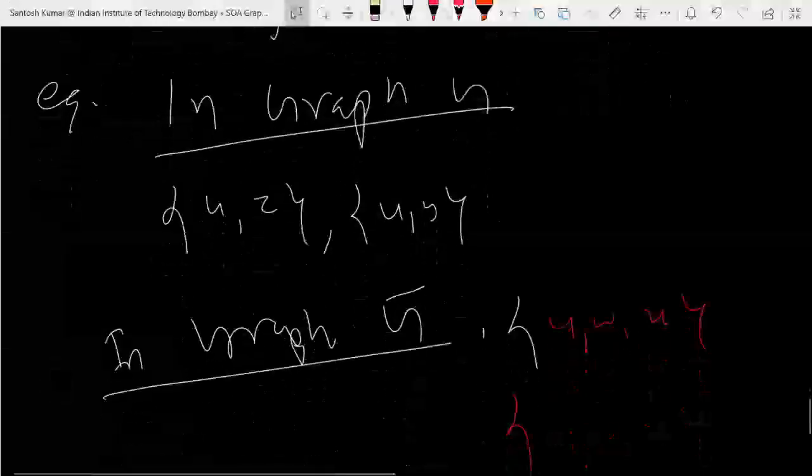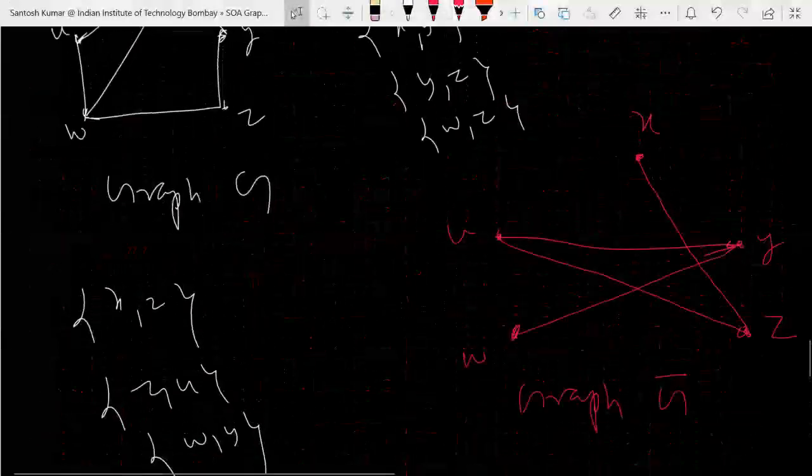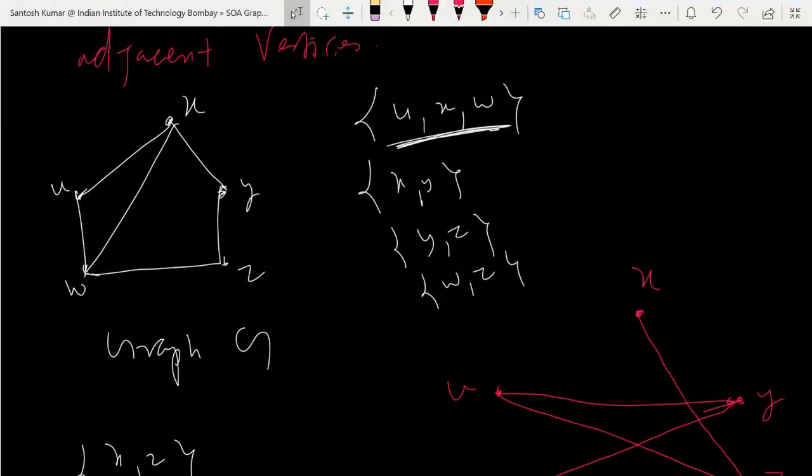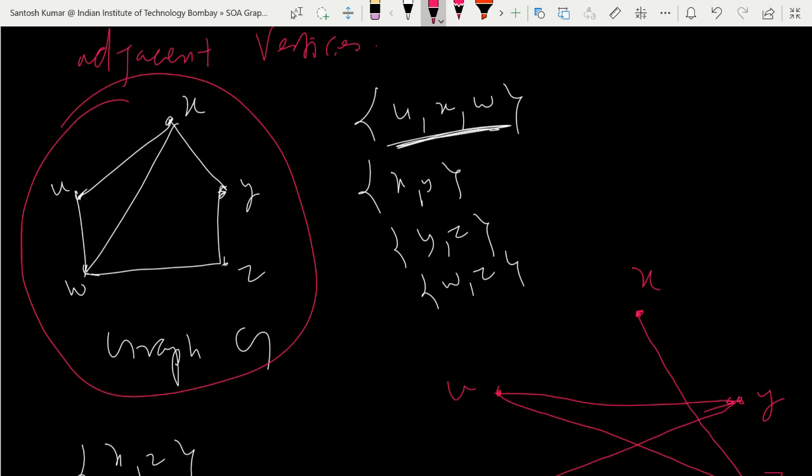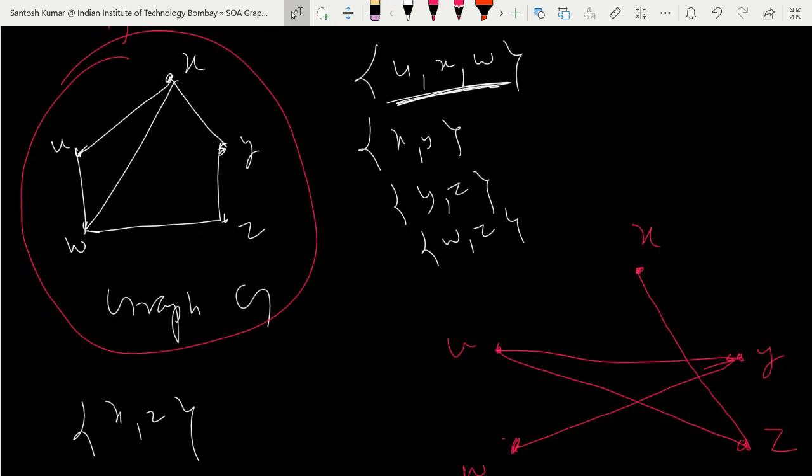So what I would like to say: in case of G, XWU was the set, this was the clique. And that set in case of G complement is an independent set, right?